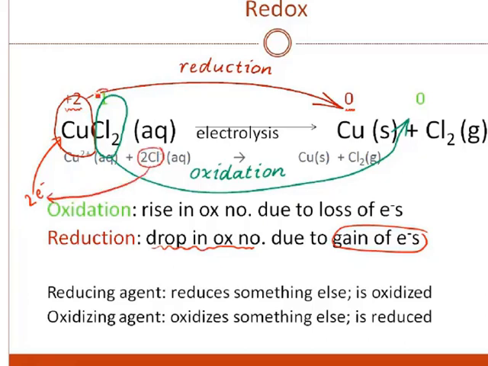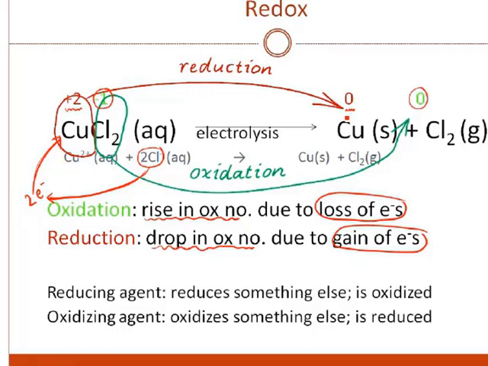We see that the chloride ions, their oxidation number changes from -1 to 0, which is a rise in oxidation number. And that happened because of a loss of electrons. These electrons were lost by chloride, given to the copper ions, and that changed the copper ions into copper atoms.